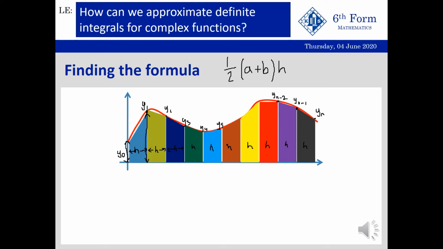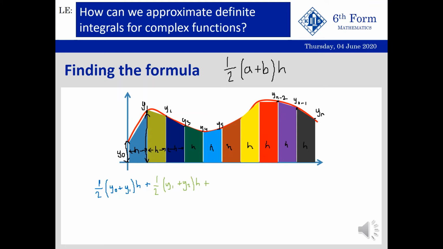So starting off with the first blue trapezium, our formula for that one is going to be a half, we would have y0 plus y1, and then we times that one by h. For the next trapezium, the green one, we're going to get a half, this one would have y1 plus y2, and again, we'd use h.